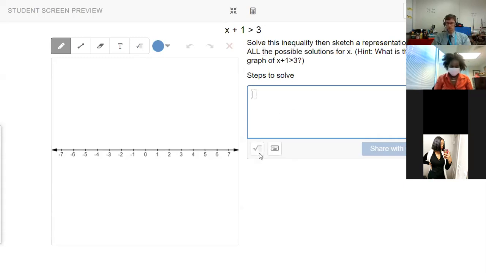I want to see that you can solve this. Find a statement that just says x greater than something, and when you do that, graph it. Circle the starting point and sketch the direction it will go. Please get started on this.